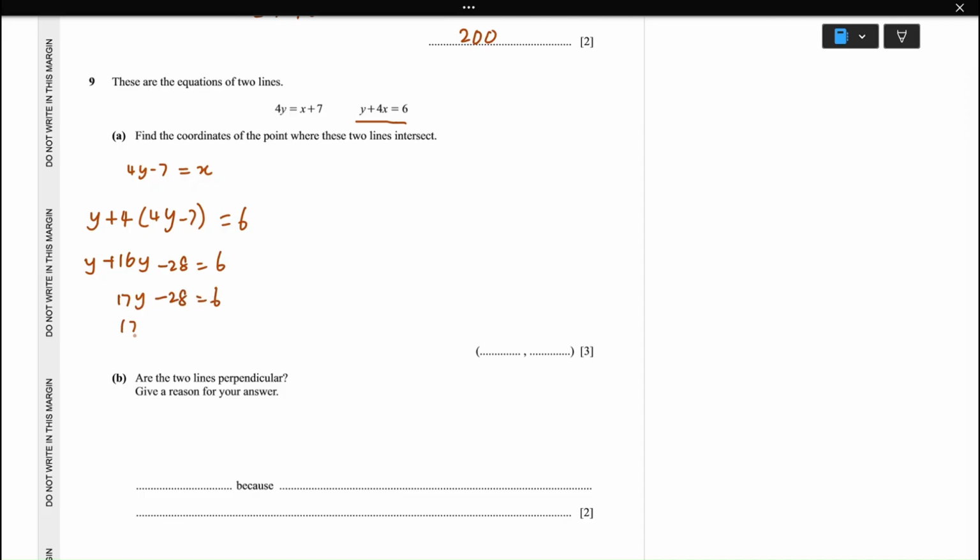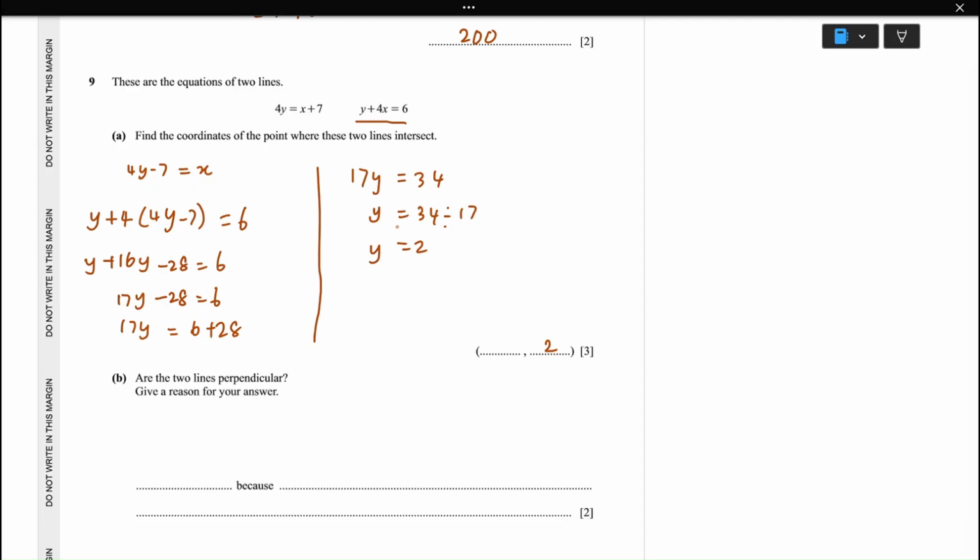Now in the next step, I'll bring this 28 to the other side, so I add 28 to both sides, 6 plus 28. So 17y equal to 34. Next I'll divide both sides by 17, which is 34 divided by 17, going to be 2. So we got the y value, which is 2.